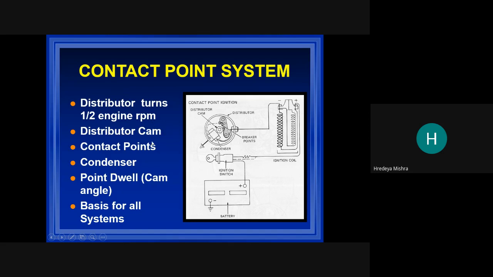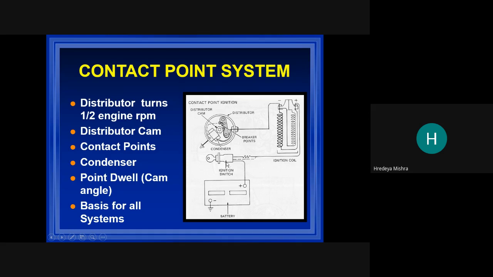Distributor cam, contact point, condenser, point dwell, cam angle are basic for the system. So here you can observe the ignition coil, means the combination of these plus and minus charge. This is our distributor, and here is our ignition switch.